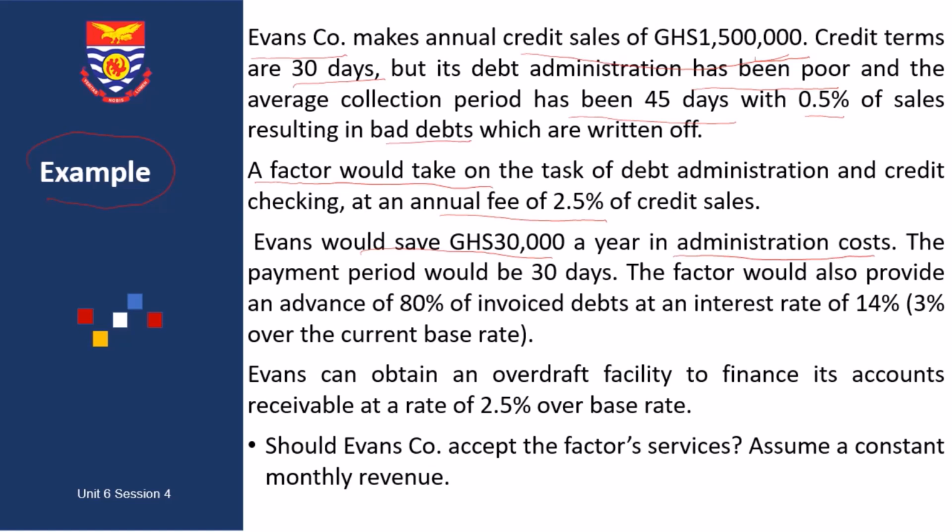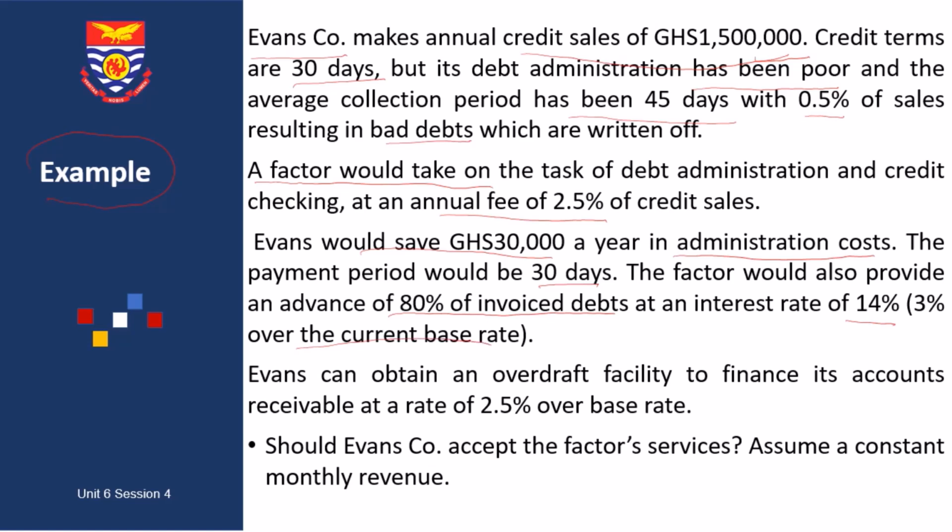The payment period will be 30 days. Because of the service of the factor, now the payment period will be reduced to 30 days. The factor will also provide an advance of 80% of invoice debt at an interest rate of 14%, and that is 3% over the current base rate.